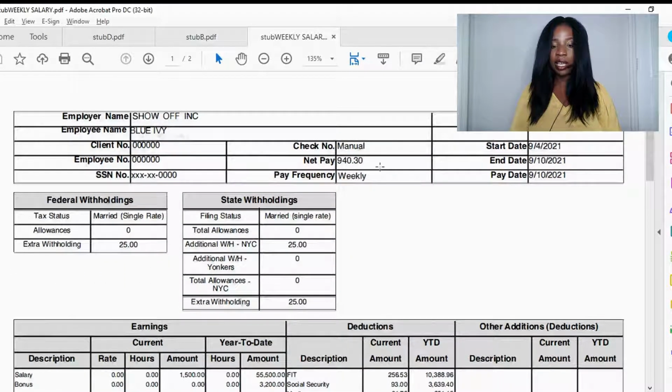It's showing us the net pay. I've seen processors make this mistake. We are always using the gross pay. We are never using the net pay when we're calculating income.